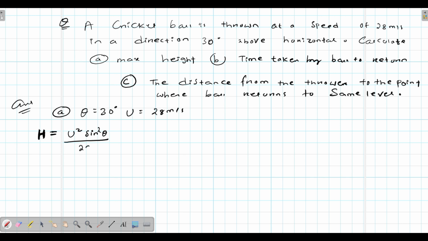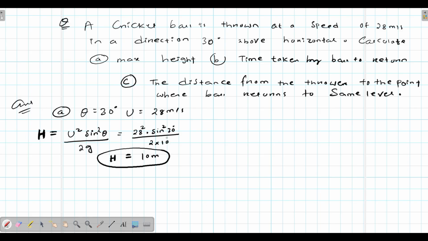So 28 square sine 30 square divided by 2g. After solving, h equals how much? H equals 10 meter.